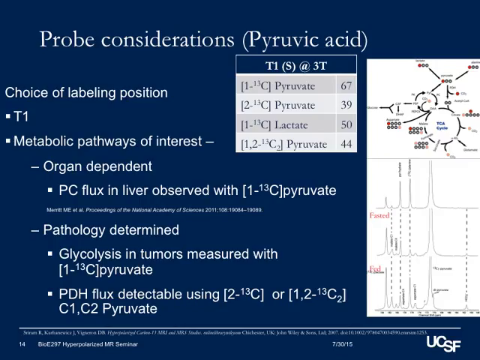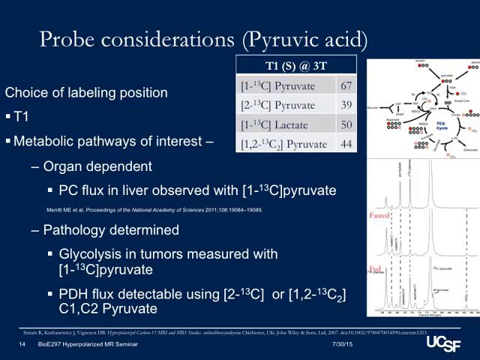So some of the probe considerations, in terms of where and how you want to label, which specific label you want to use for your study, depend again on T1, a recurring theme. The reason why I mentioned T1 is, if lactate is, in your belief, the best readout for the disease or therapeutic that you're studying, then you would always want to use C1 labeled pyruvate, because the C1 labeled lactate has a T1 of about 50 seconds at 3T.